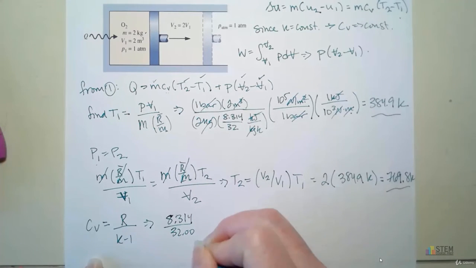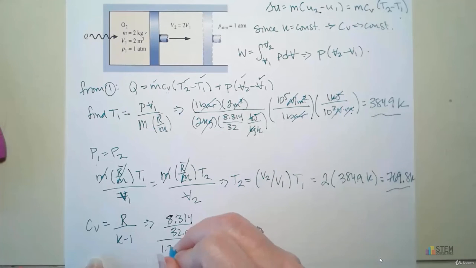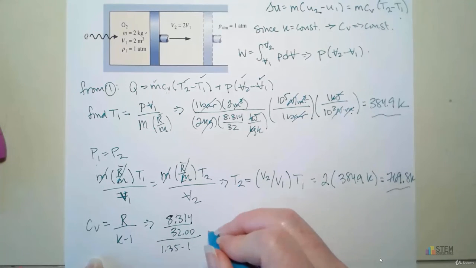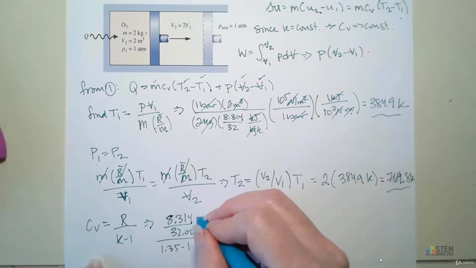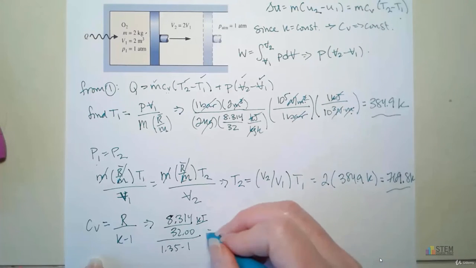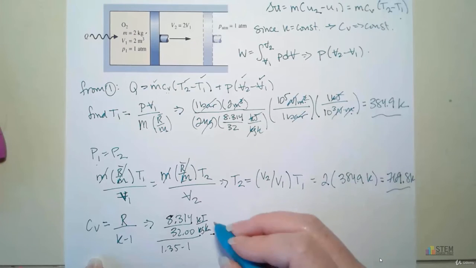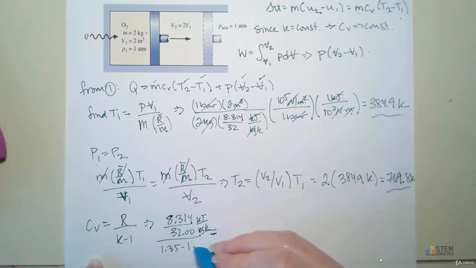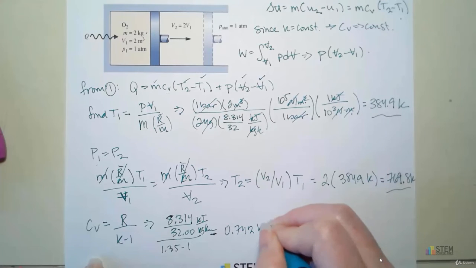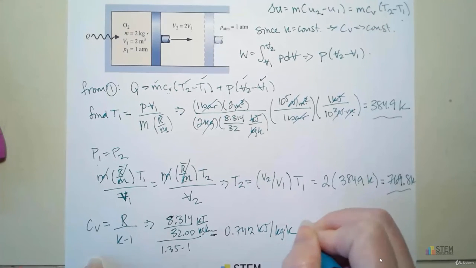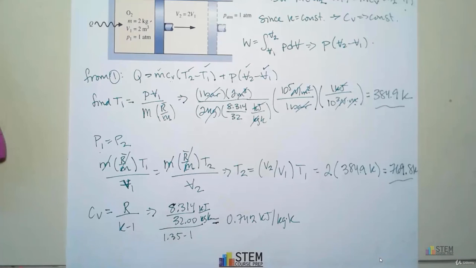Molecular weight is 32, and then that's going to go over 1.35 minus 1. And remember, units here are kilojoules per kilogram Kelvin. Now when you do this calculation, you're going to get 0.742 kilojoules per kilogram Kelvin. So that's what you get for CV.